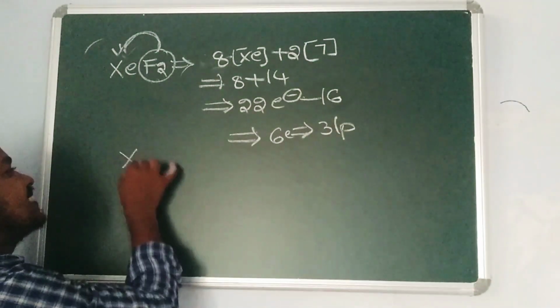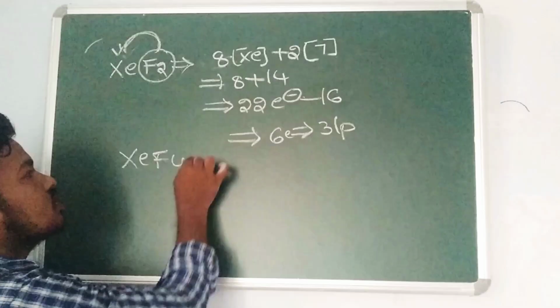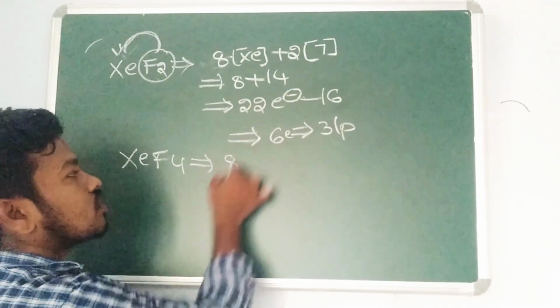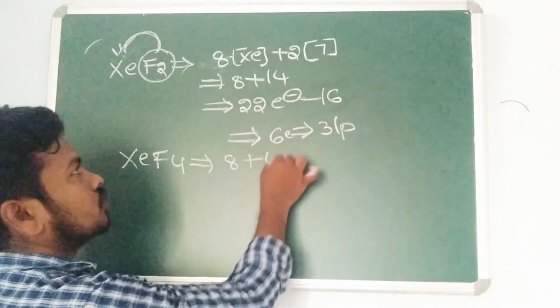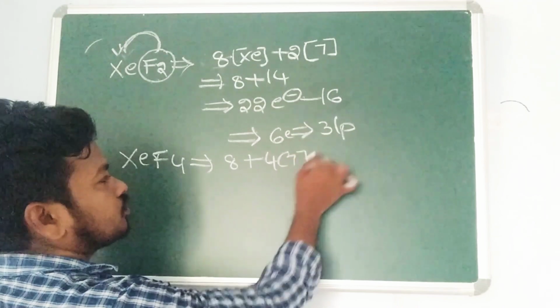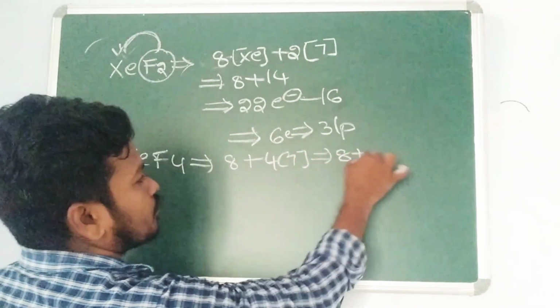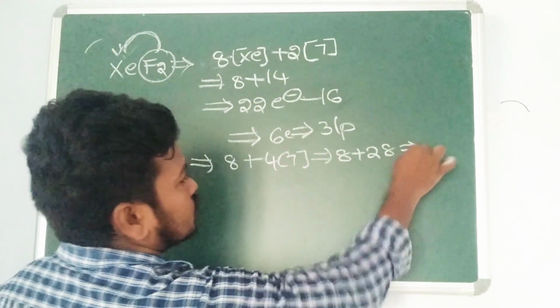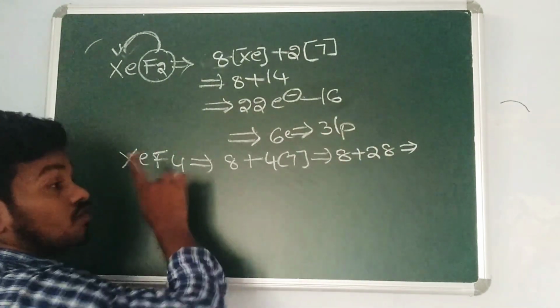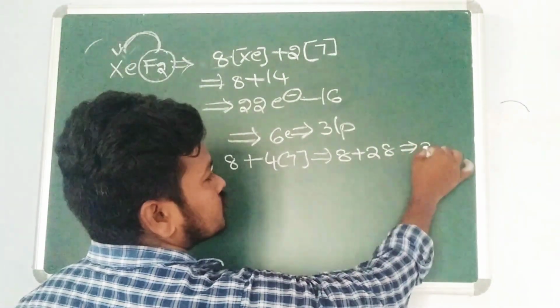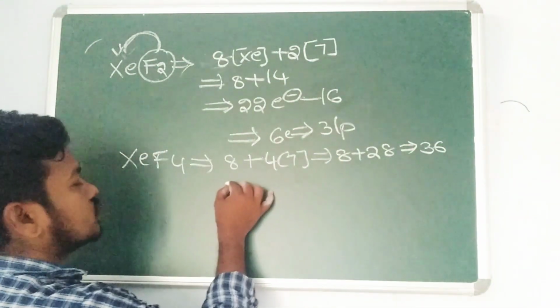Next one, XeF4. Here also it is the same. 8 valence electrons on the xenon, and 28 valence electrons on the 4 fluorines, so 36 electrons in total.